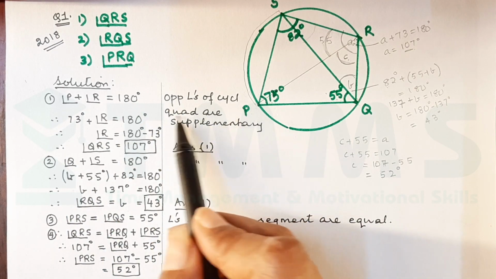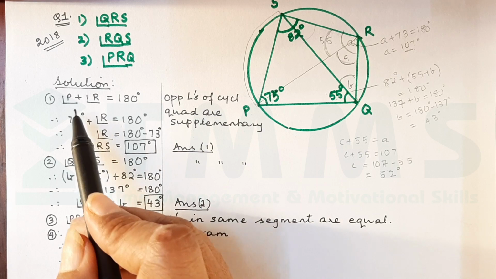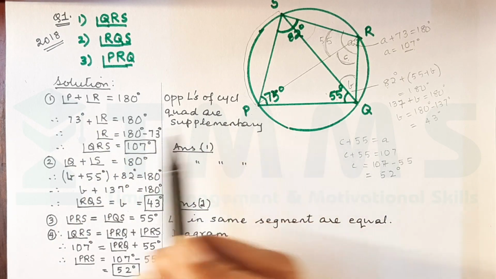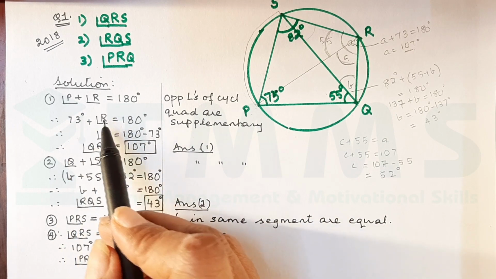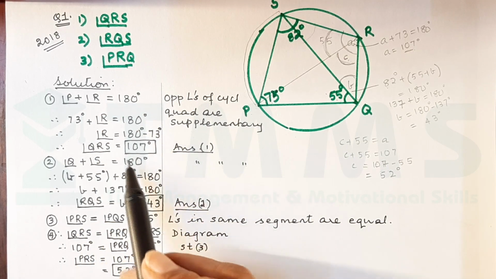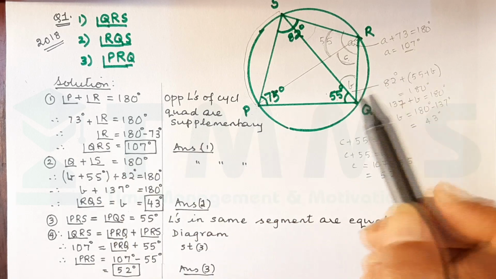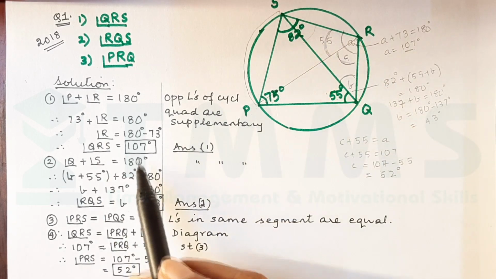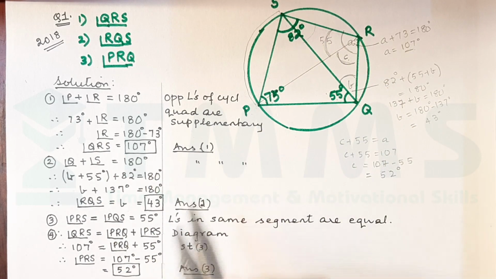We write the reason like this. Now we substitute the value of P, which is 73 degrees, plus R as it is, and R will be 180 minus 73 degrees. And so angle R means angle QRS, and that is 107 degrees, and that's your answer 1.